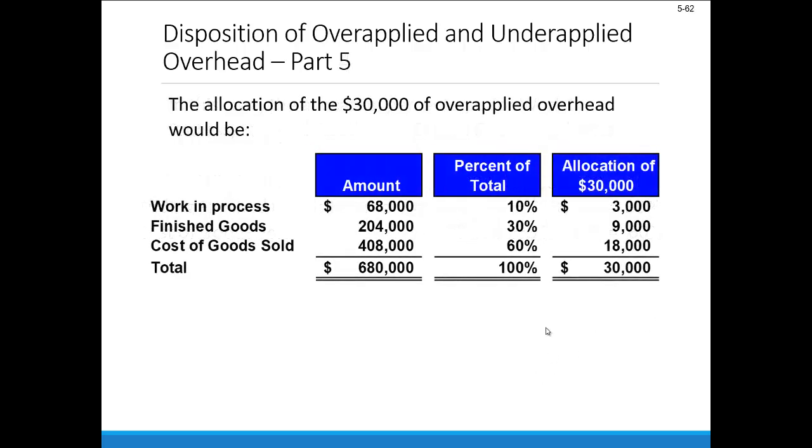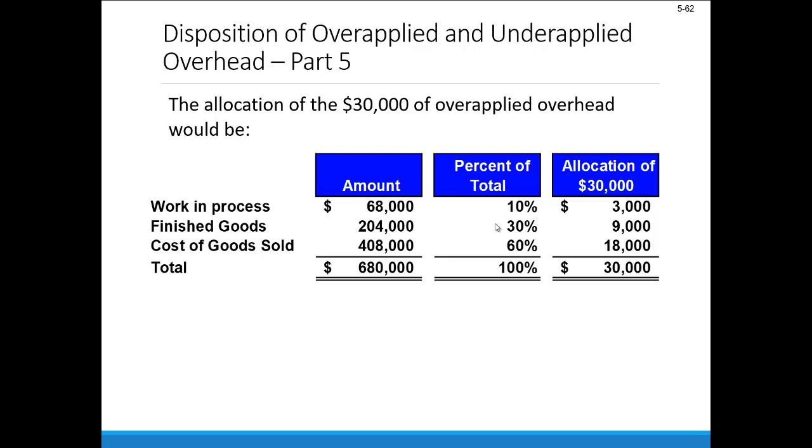Okay, so what I do is take that $30,000 in over-applied overhead and multiply it by those percentages, those proportions, to get the amount that I'm going to dispose of to each individual account from that over-applied overhead. So work in process had 10% of total overhead cost. I'll take 10% of 30,000, or 3,000, and dispose of this over-applied overhead there.